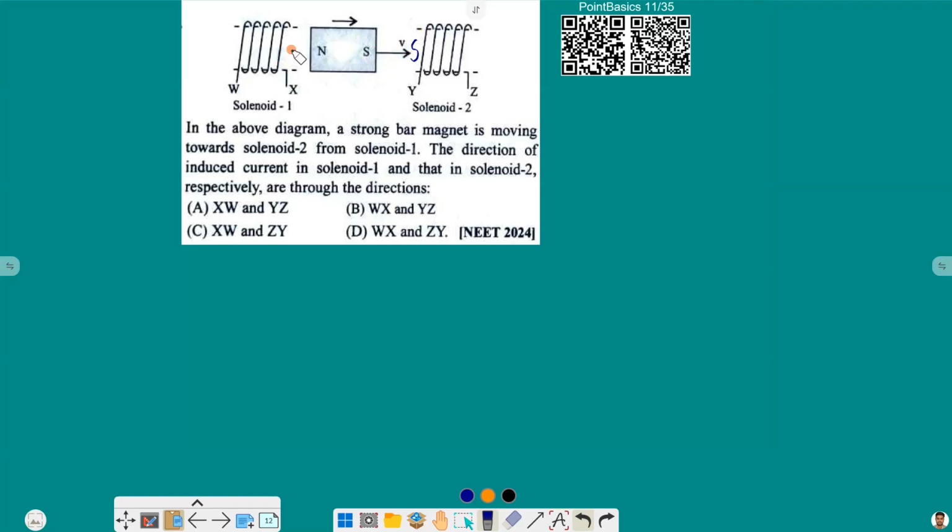And in this case, now from solenoid 1, north pole is going away and it will like to stop that. So current will be induced in such a way that it can resist that north pole going away, or in that case, it will be producing south pole here so that it can attract this north pole. Okay, so these will be the poles induced here.